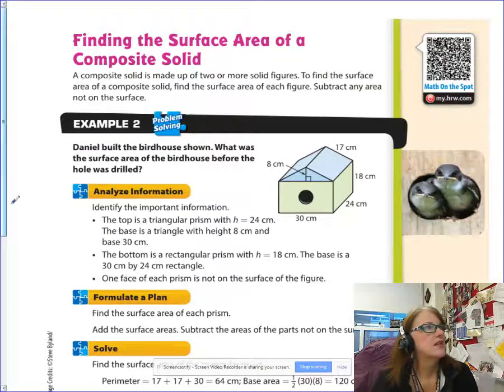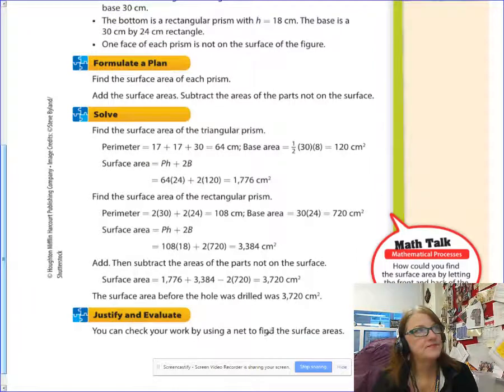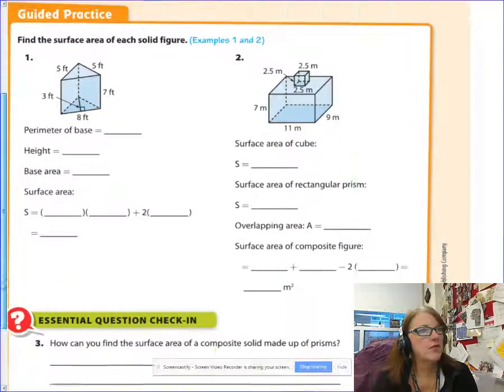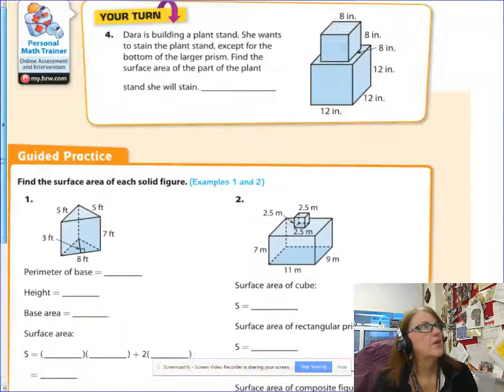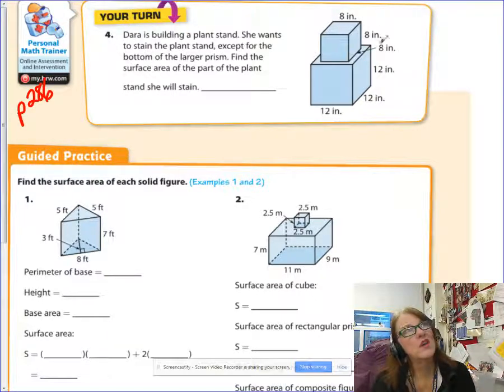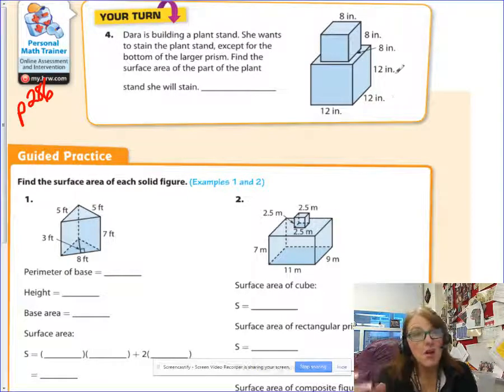Next, here's another one for reference. It's not exactly just a box. It has some different shapes. So what I would like you to do is follow along with me, and we're heading over to page 286. I'm going to walk through a couple of these with you so that you can see what happens when I have some overlapped regions and what's going on here.